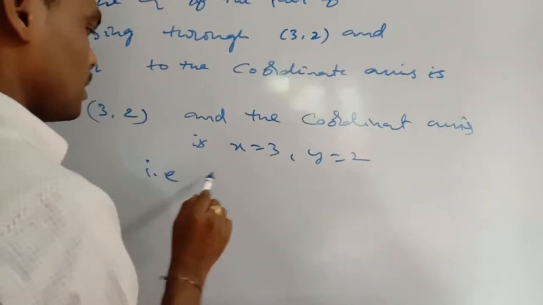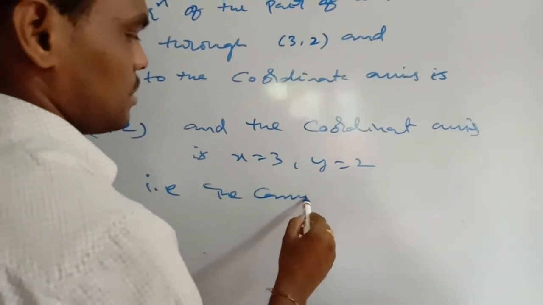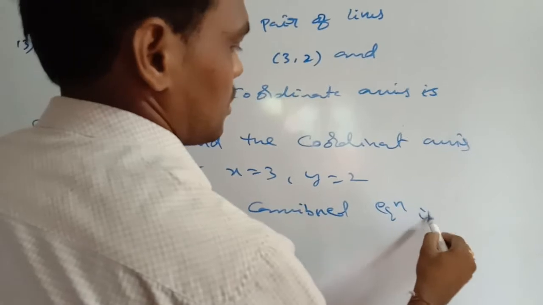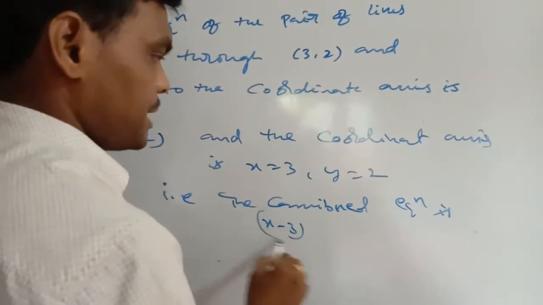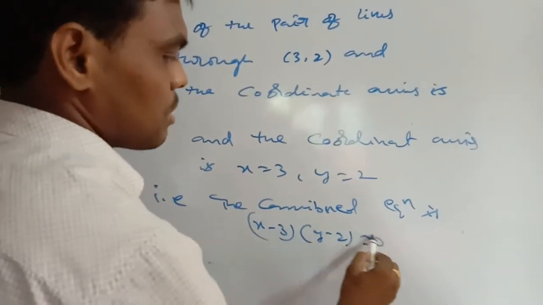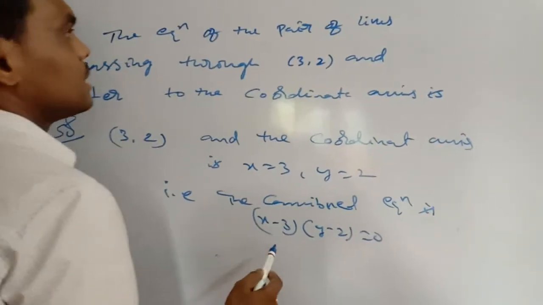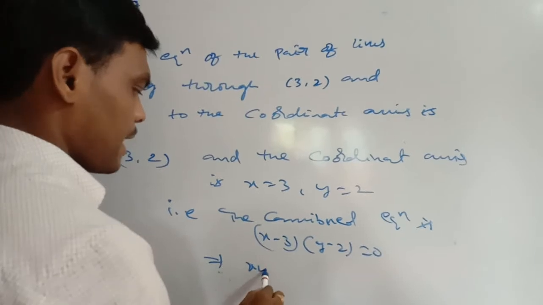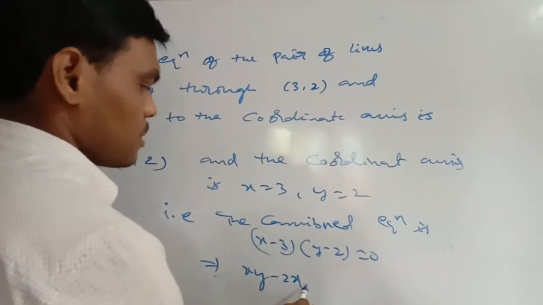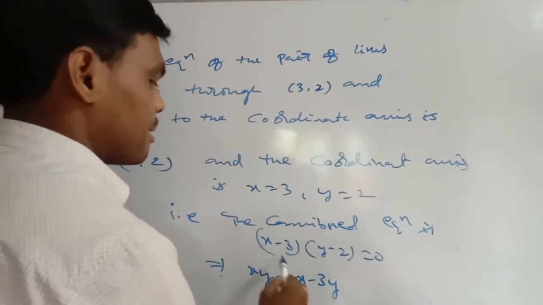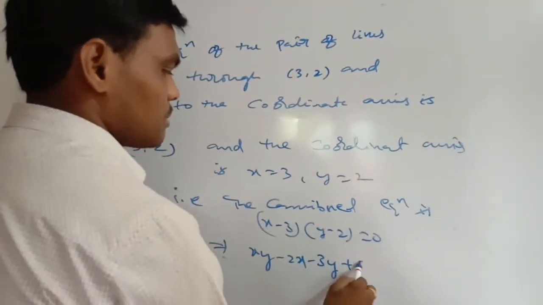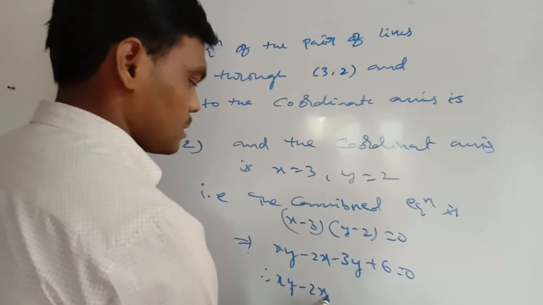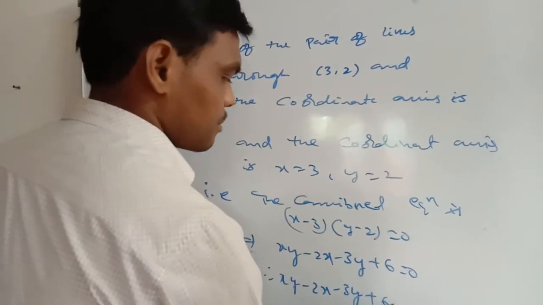That means the combined equation is (x minus 3)(y minus 2) is equal to 0. Now expanding, x into y is xy, x into minus 2 is minus 2x, minus 3 into y is minus 3y, minus into minus plus 6 is equal to 0. Therefore xy minus 2x minus 3y plus 6 is equal to 0.